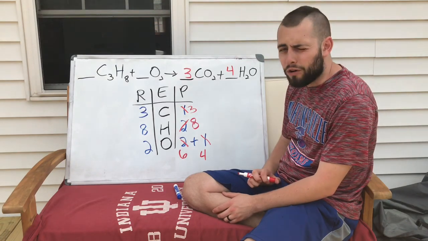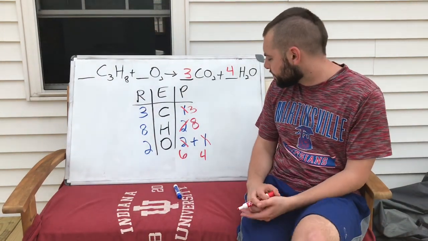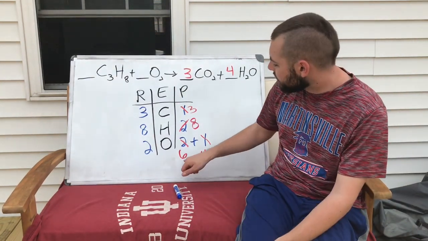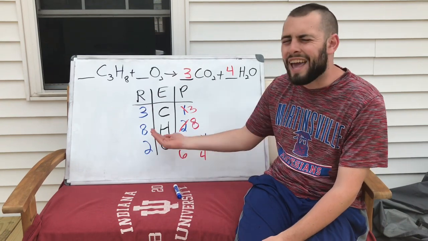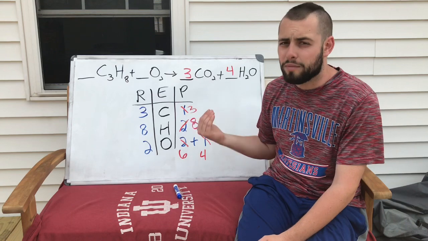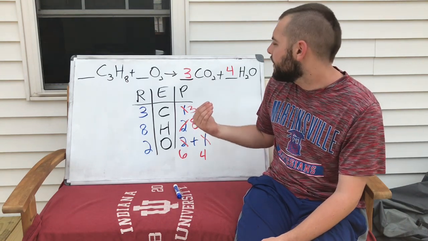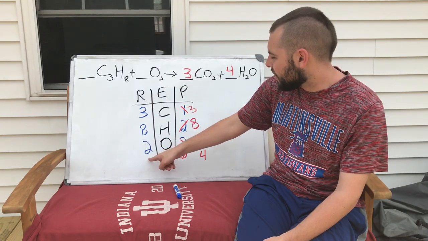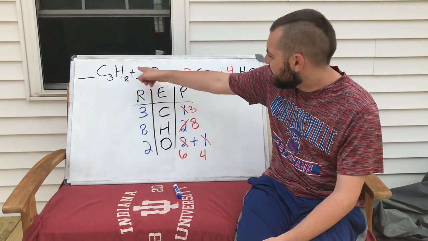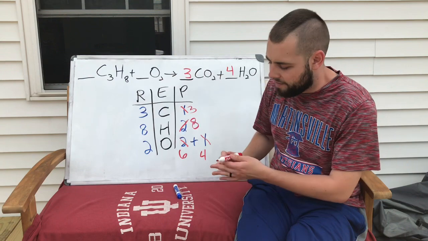I'll make this a 4. Hopefully you can see that there. So 6 plus 4 is now 10 oxygens on the product side. To balance that out, I'll take a look at my oxygens on the reactant side. I can multiply this by 5 to get to 10.